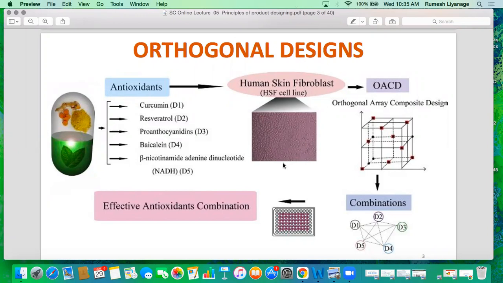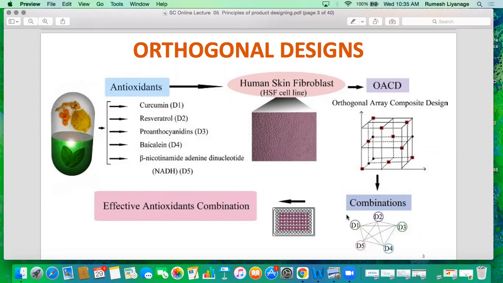Then this is the cell culture, and here you can see the design. The researcher has used, how many designs can we use, right? Here you can see 5 ingredients, and finally the researcher has used only 5 experiments.